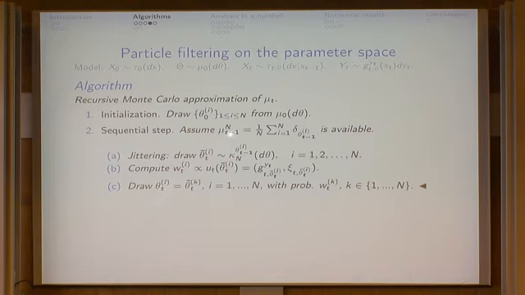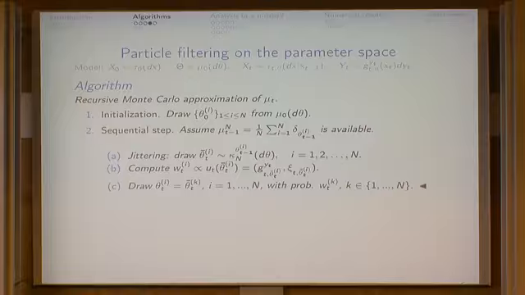And then at time t minus 1, assume that you have this cloud of samples in the parameter space, so you have this approximation for the posterior at time t minus 1. In the bootstrap filter, you would go and draw from the transition kernel.